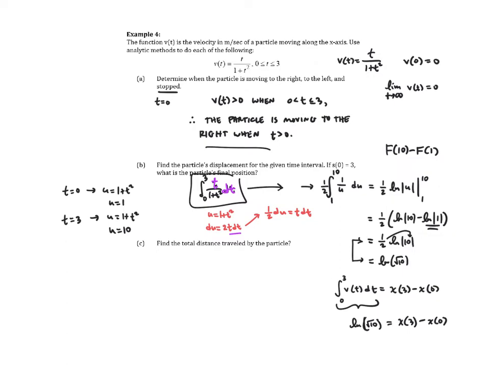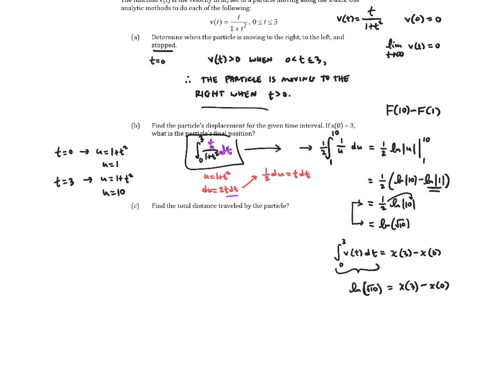Since I know x of 0, or in this case it refers to it as s of 0, I'll just call it x of 0 just to clean the notation up a little bit. Okay, I could find x at 3, right? Its final position after 3 units of time. I would add this x of 0 over, so I'd have ln of the square root of 10 plus x of 0.